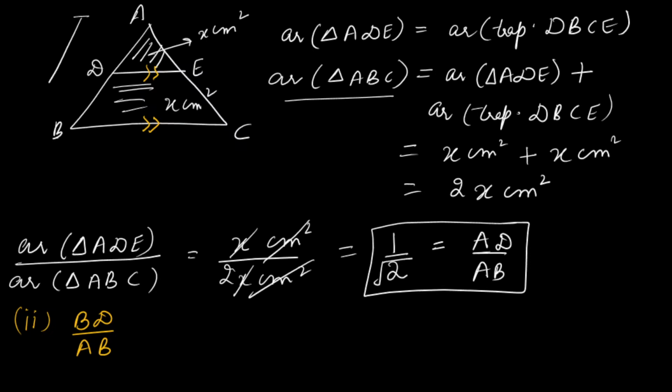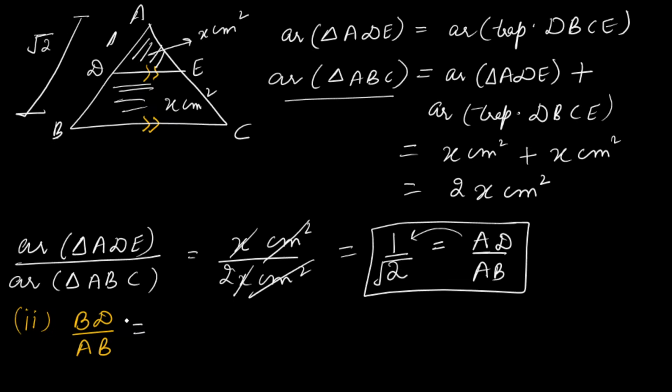See, AB is this full line, and AD is this part. From the ratio we can figure out the parts. So AD has one part, and the total is root 2.